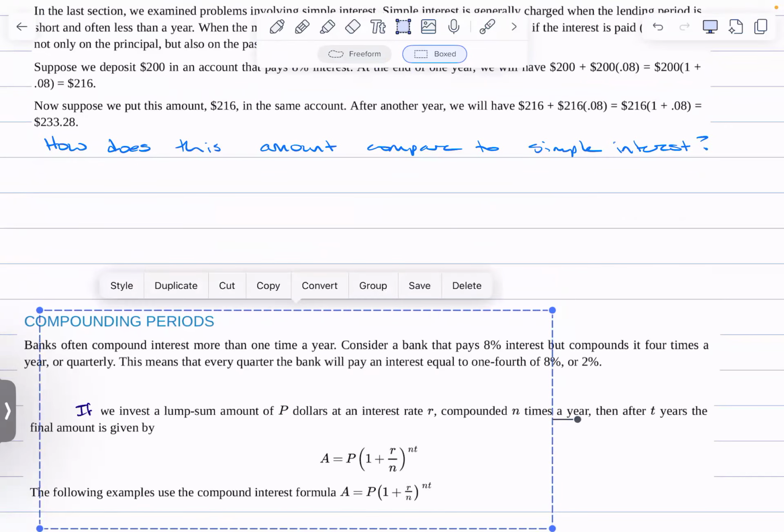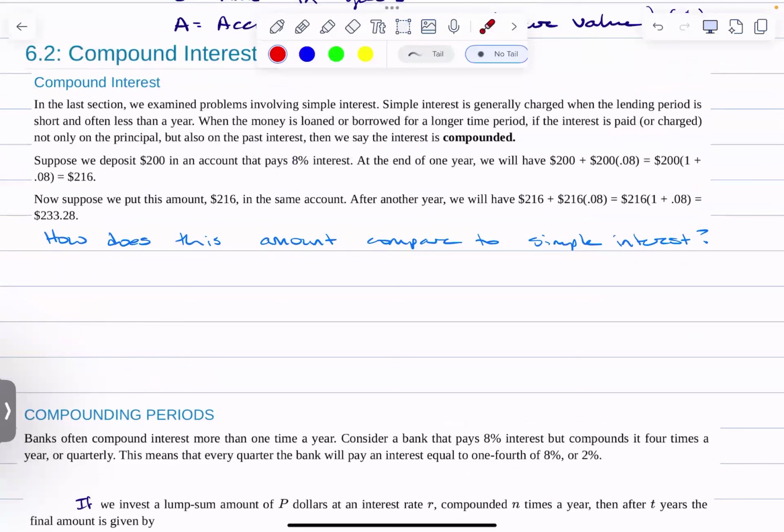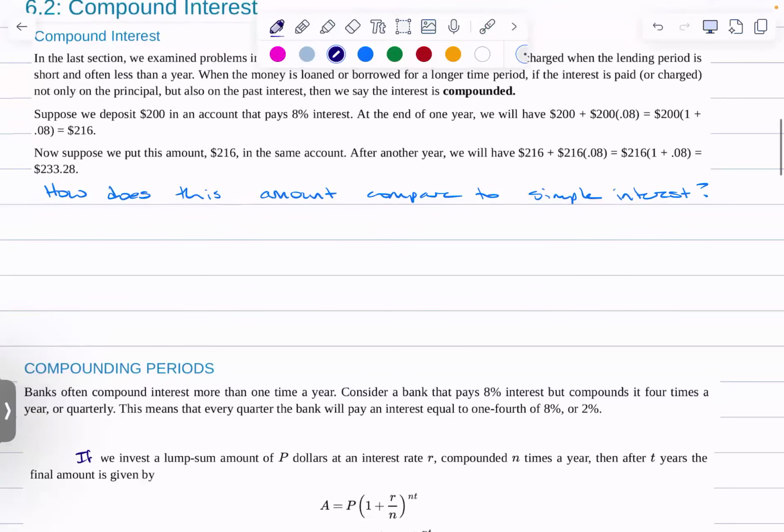Just as a review. This 233.28, right? That's the accumulated amount, A, after 2 years at a rate of 8%. And so here we're given P is 200, that's the initial amount.